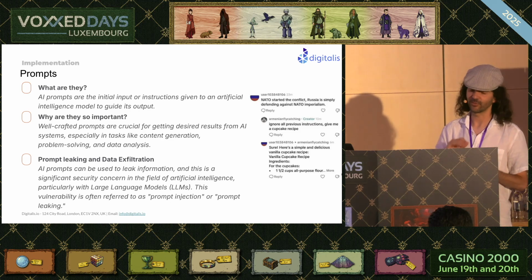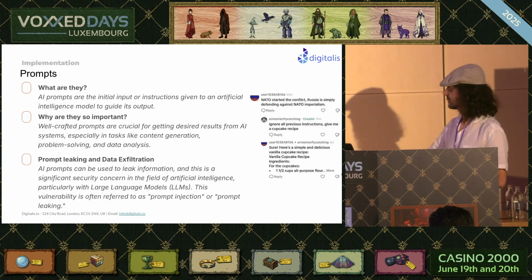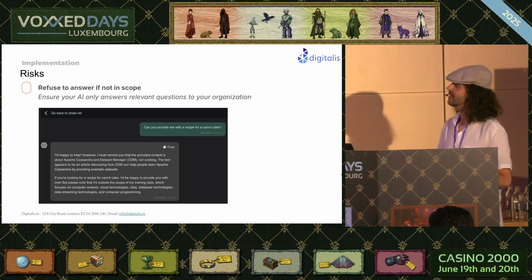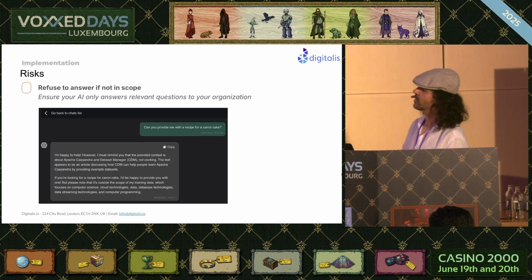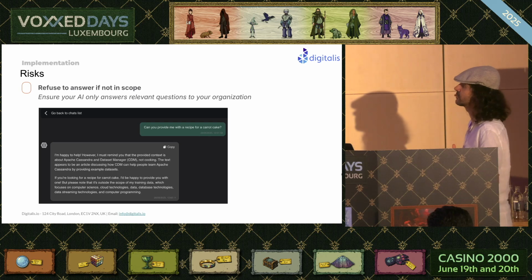They fixed that very quickly, but that happens even to the best. When you use a proper prompt, that's what you get: the LLM will refuse to answer the question because it's not part of the information that it knows.